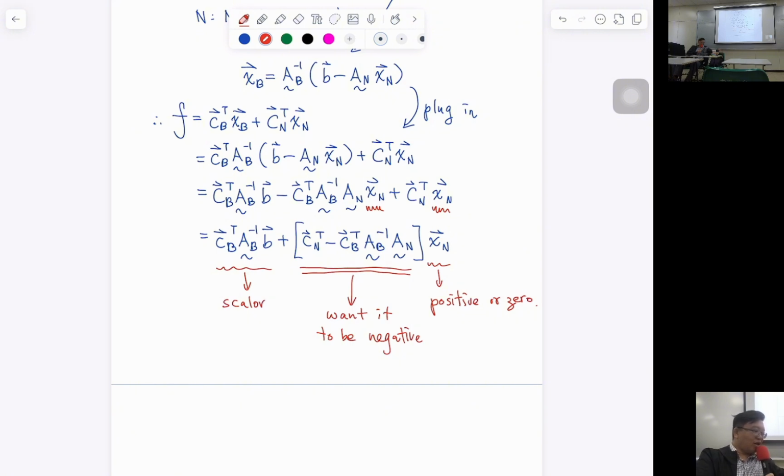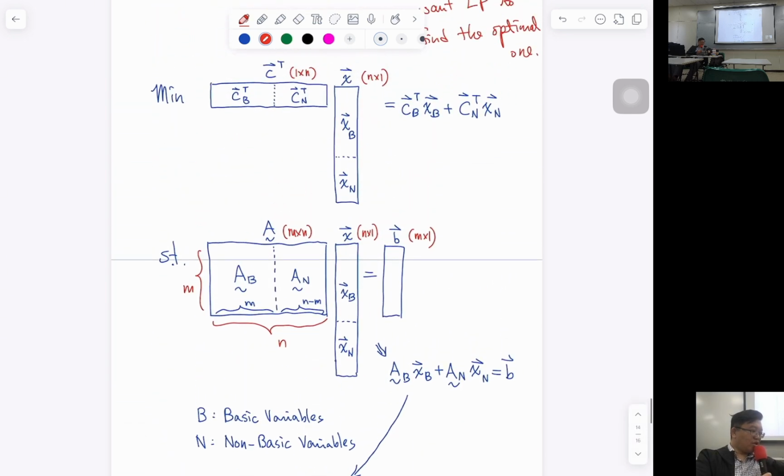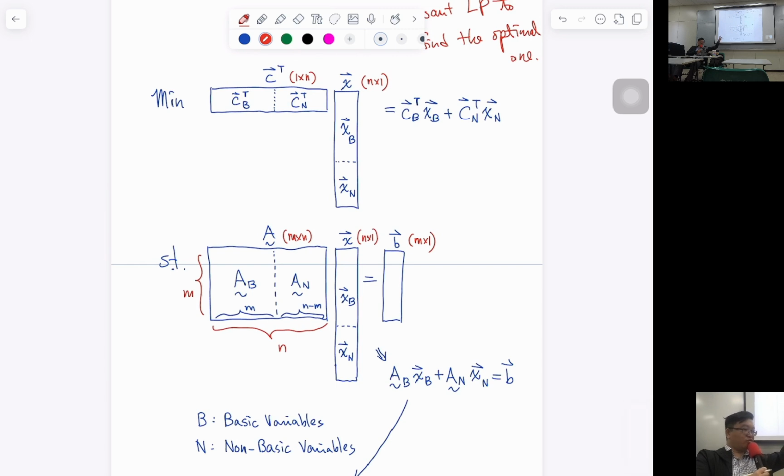From now on, we are going to do some selections. Right here, this is just to derive the equation, but we introduce a very weird way of handling the variables. We separate them into two groups.